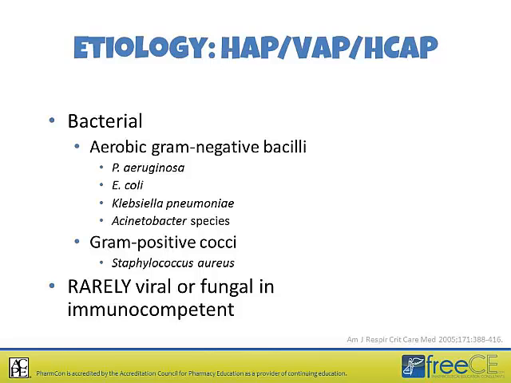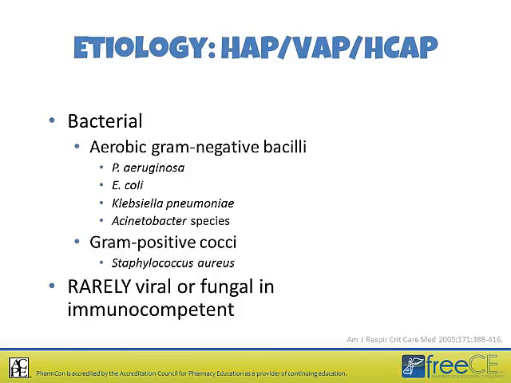In terms of thinking about HAP, VAP, and HCAP, these actually are going to have relatively similar bugs. So even though we have different definitions in terms of which specific pneumonia someone has, we're going to think about similar bugs and similar coverage. So they're rarely caused by viruses or fungus in a patient who's immunocompetent. So in terms of bacterial infections, we're going to think more about aerobic gram-negative bacilli now.